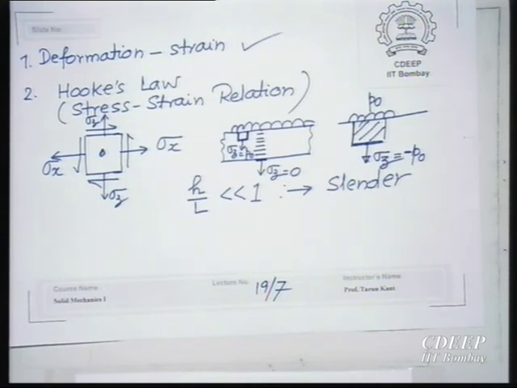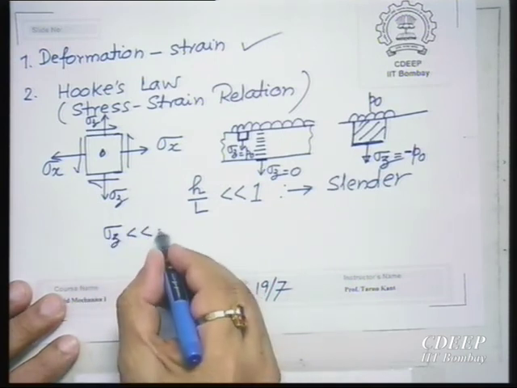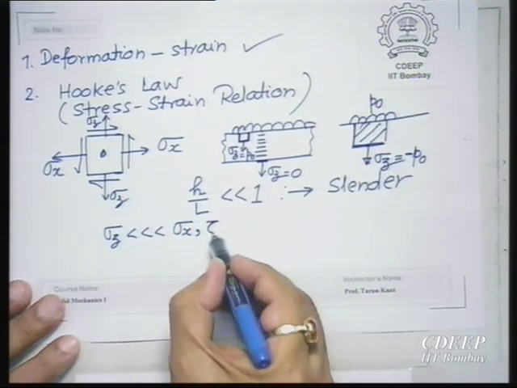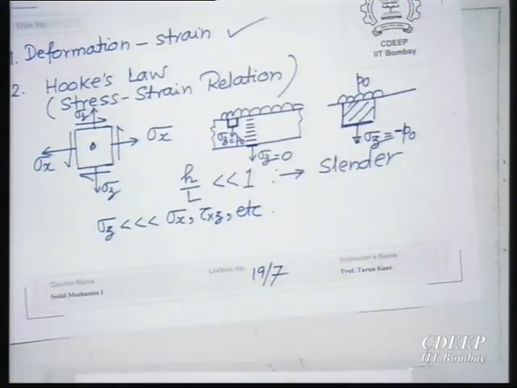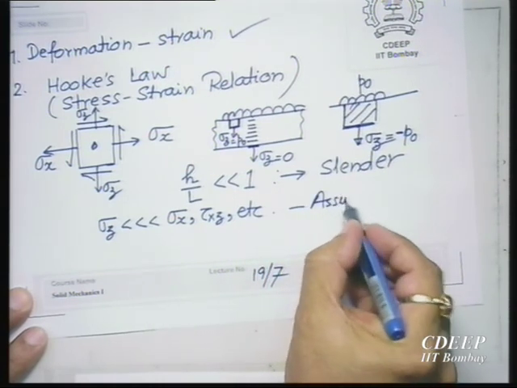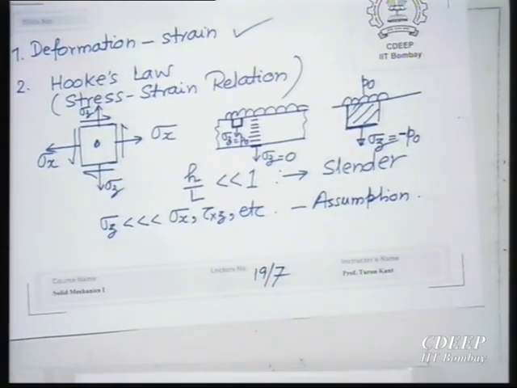So we are developing a beam theory, we will say that yes, this sigma z is very small compared to sigma x and others, etc. Is it okay? This is an assumption I am making.